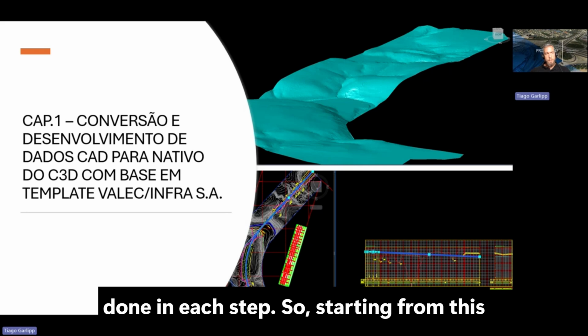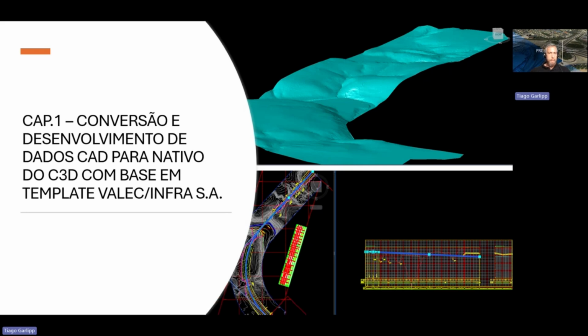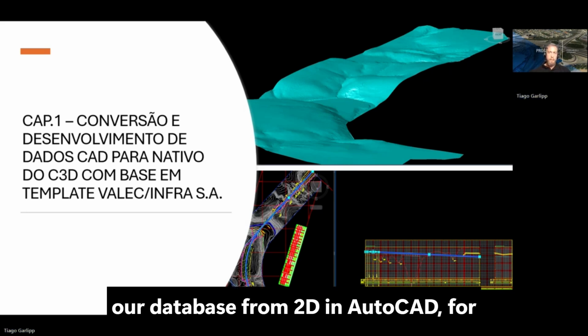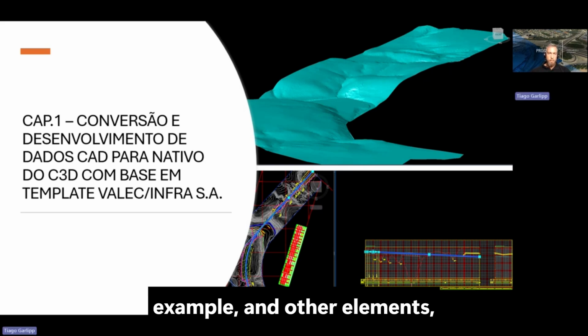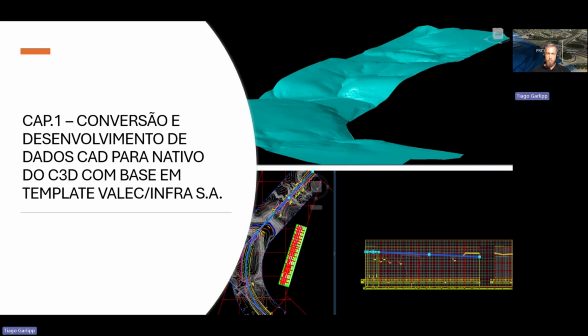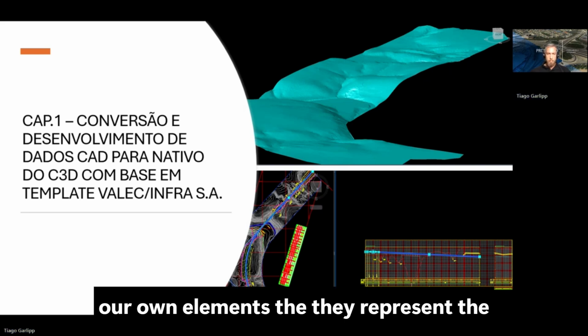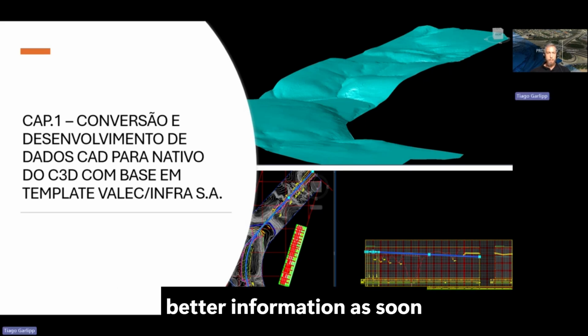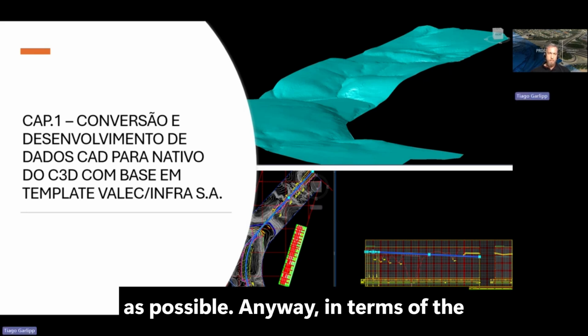So starting from this introduction, what happens? We receive our database from 2D in AutoCAD, for example, polylines, lines, and other elements, and you need to convert these own elements to the natives from Civil 3D, to extract the best information possible.